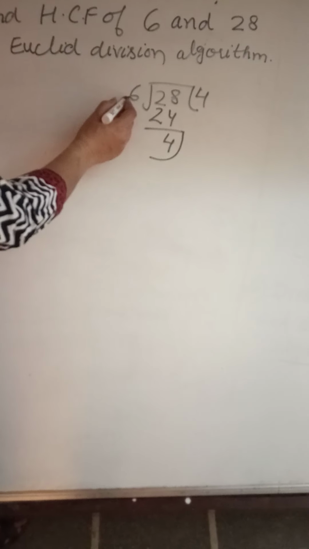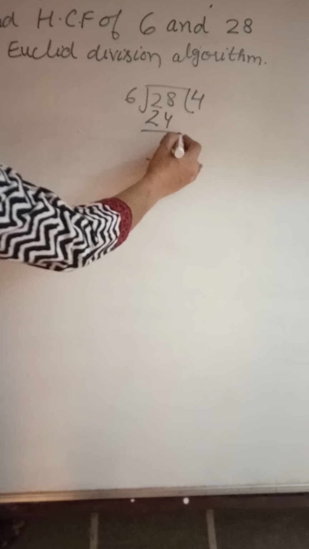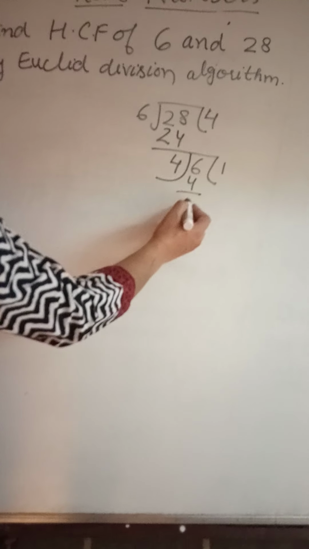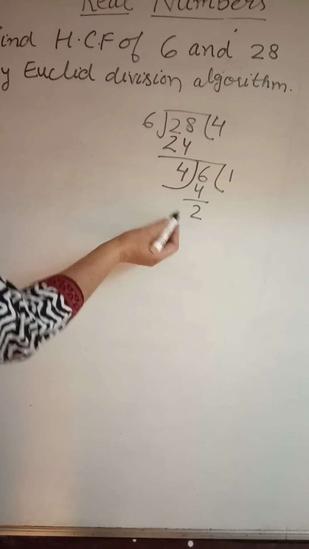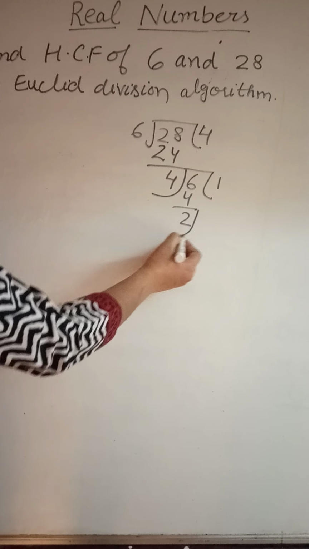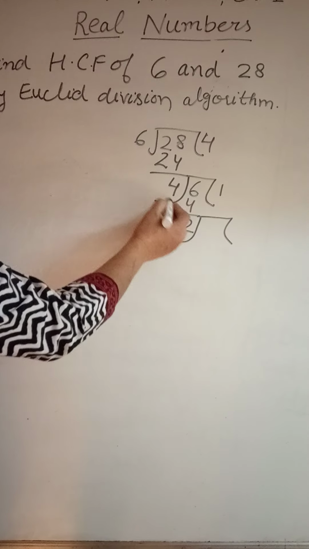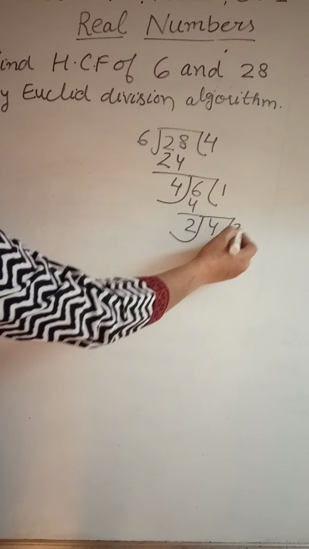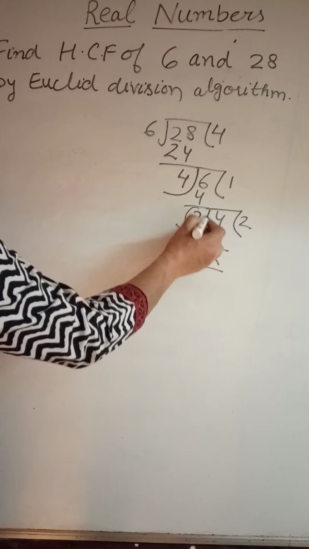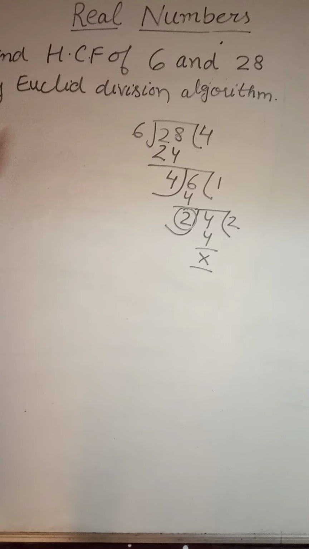So this divisor will come inside. Then 4 1s are 4. 2 is the remainder. Again 2 is smaller than 4, so we can't perform further. Now this 4 will come inside. 2 2s are 4. So on which number has our division stopped? On 2. So our answer should be 2.